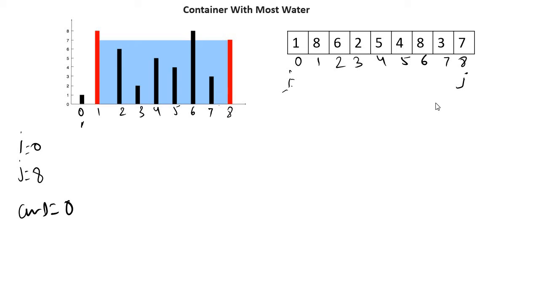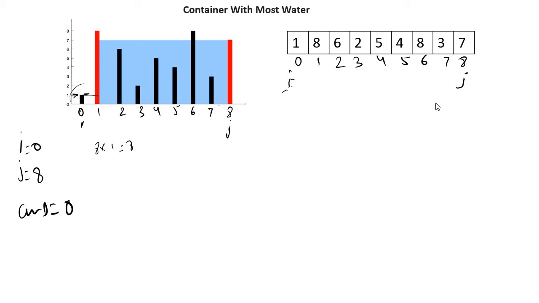Suppose i is 0 and j is 8. The water contained between these two: the minimum height is 1, because water only up to this point can be stored, and the gap is 8, so 8 into 1 equal to 8. So 8 is the current answer.